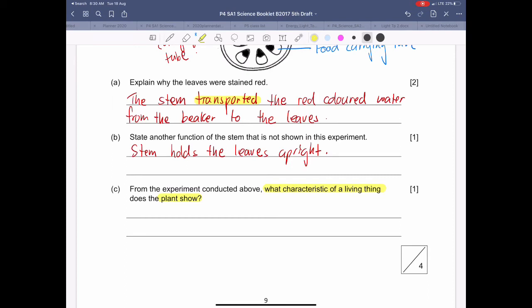Neither does it show that it needs food. Does it? Are you feeding the plant anything? Are you removing sunlight? No. The only thing that was mentioned here, out of air, food and water, is which one? Oh yes, only water. So you can only say that a living thing needs water to survive.